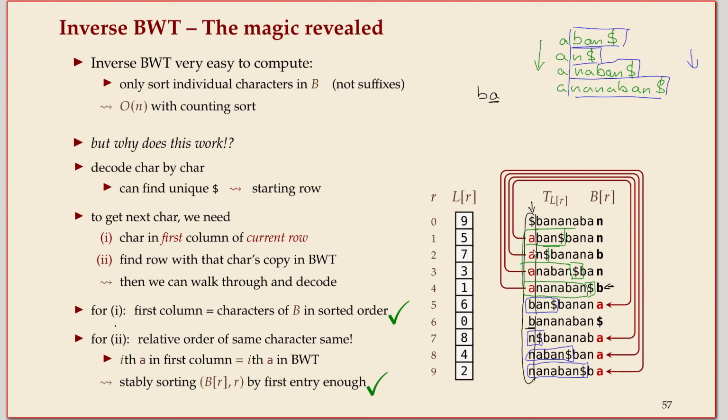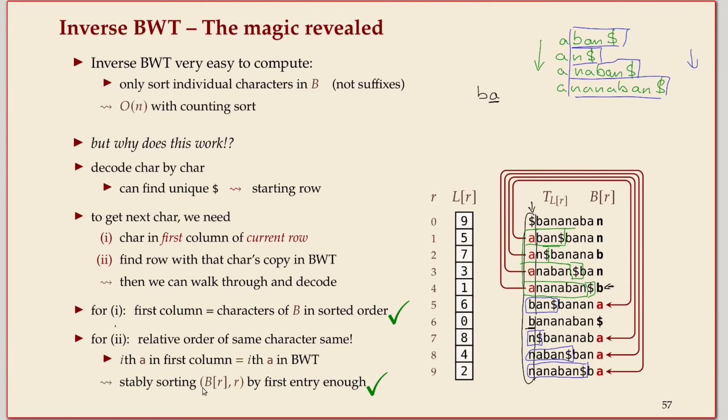If I'm looking at the second A in the first column, it is mapped to the second A in the last column. And if you look at how you do this sorting, this is exactly how you create these next pointers.